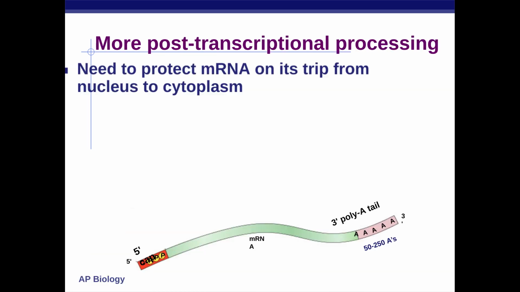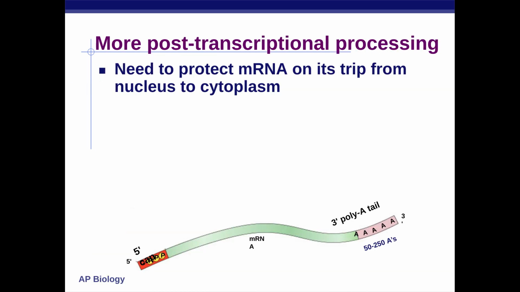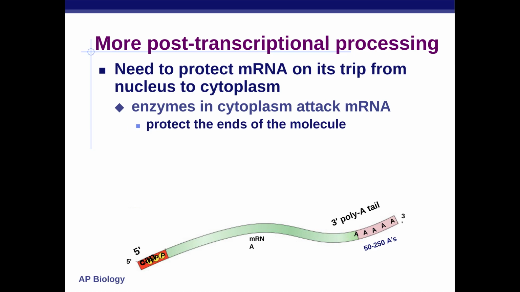Okay, so in addition to splicing, which is a part of RNA processing, there are two other major processes. One of them is called capping. The other one is attaching a poly A tail. Capping involves adding a 7-methyl guanosine. So take a guanine, add a methyl group to it and add it to the 5' end.